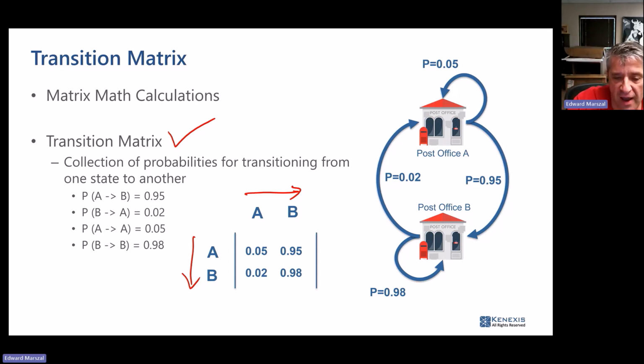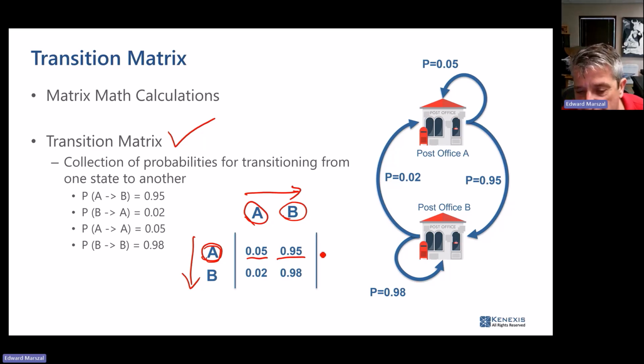So if I am in post office A, the probability that I stay in post office A is 5%. If I'm in post office A, the probability that I move to post office B is 95%. And if you add the numbers together, you're going to get to 1.0. Okay?